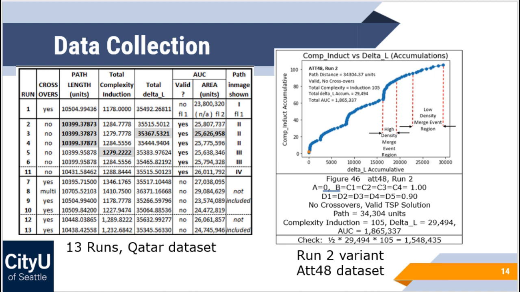This plot is shown because it has the right number of data points to show a characteristic of the curve. The curve subsets might be considered join points, the completion of layer dissolution, and one can see high density merge events versus low density merge event regions on subset curves.